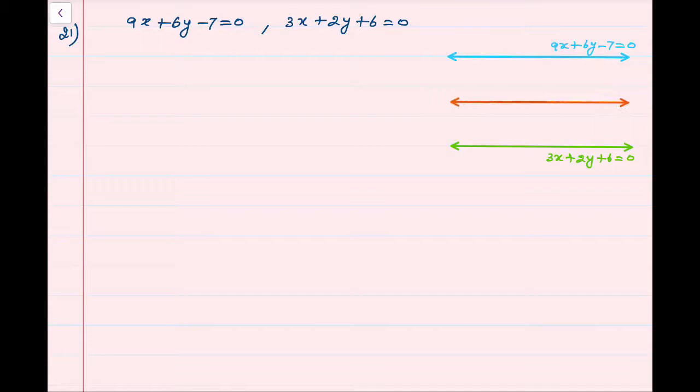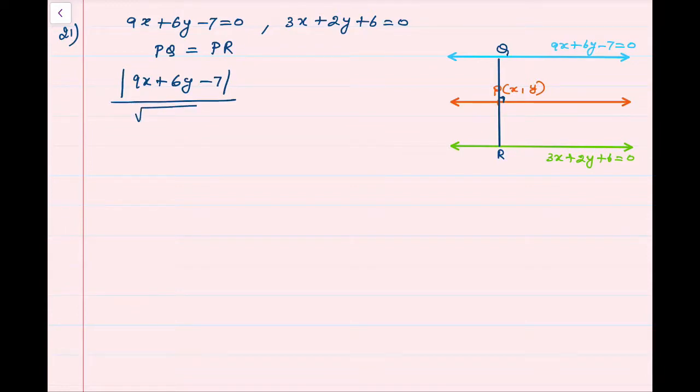We have to find the equation of a line which is equidistant from these two lines. So a mid-parallel line. We will take an arbitrary point P on this line which we are going to find as x, y. Let us draw a perpendicular. PQ must be equal to PR. PQ is the perpendicular distance of point P from the first line, which is the absolute value of 9x plus 6y minus 7 divided by root of 9 square, 81, plus 6 square, 36.